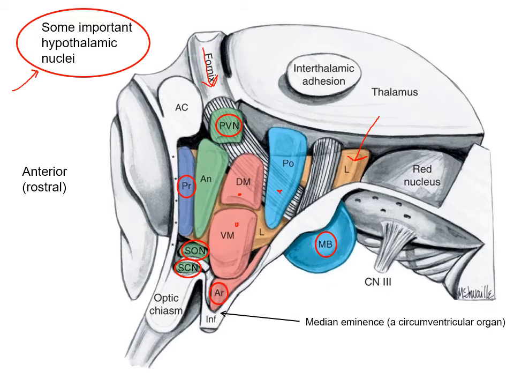The preoptic area, which is labeled PR there, contains medial and lateral zones. The lateral preoptic nucleus is an important sleep promoting area. So this is another great example of a powerful drive or urge.